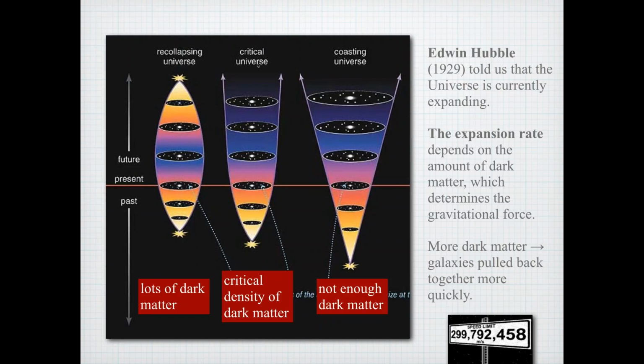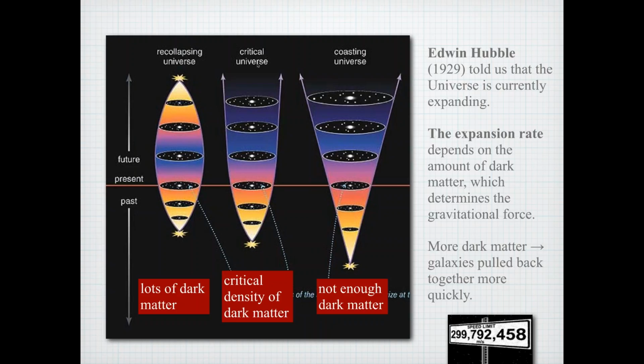Depending on the relative amount of, say, dark matter in the universe, it can contract because of gravitational attraction. So that's the left-hand picture that I'm showing. If you look at the right hand, if you don't have much dark matter at all, it's possible to have a universe that is just expanding at a constant speed.